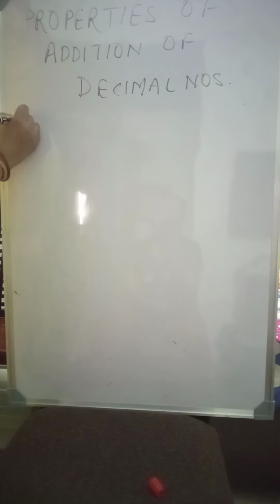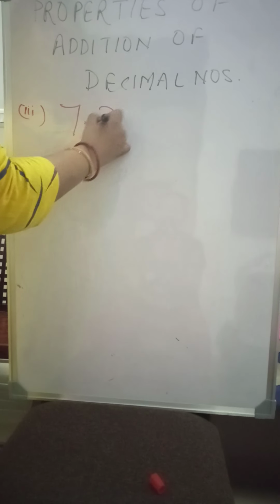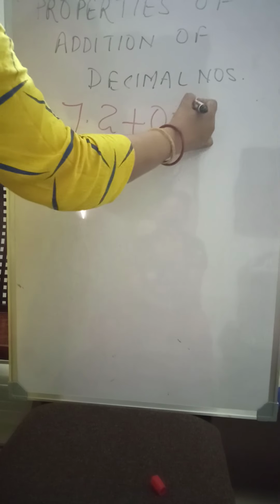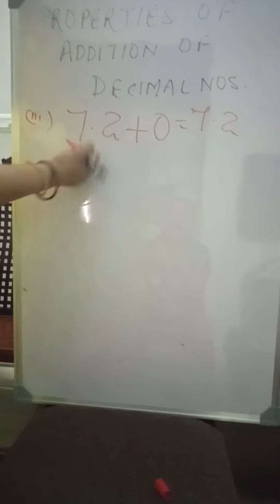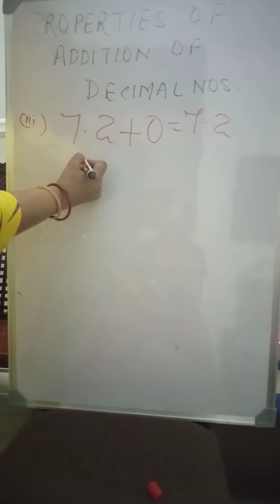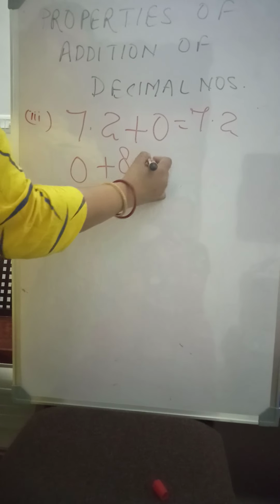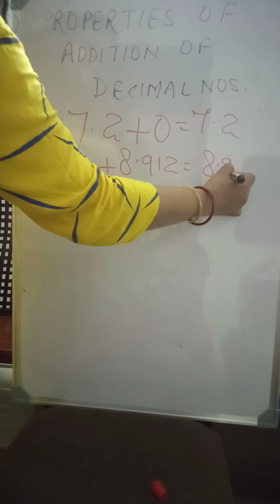Third property: if 0 is added, as in the case of whole numbers, the sum is the number itself. If 0 is added with a decimal number, the sum is the decimal number itself, right? If we change the order, firstly add 0 and then write 8.912, the result is 8.912.